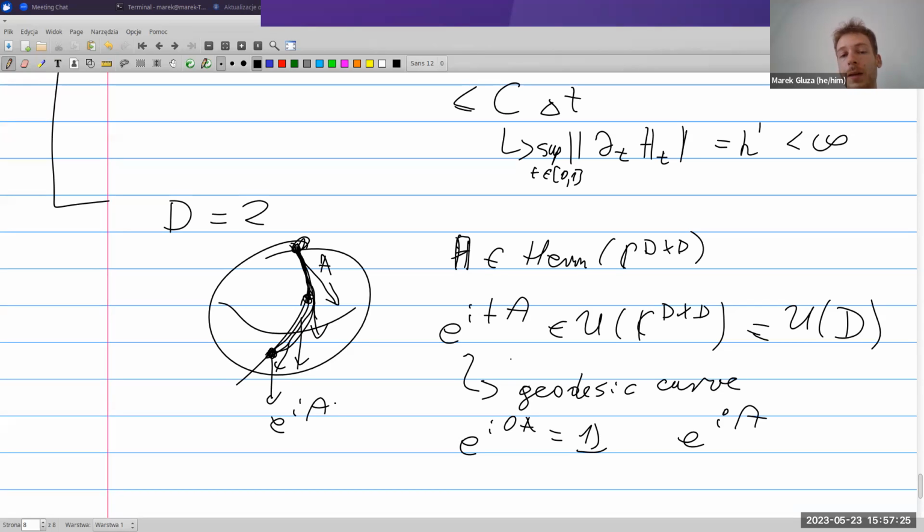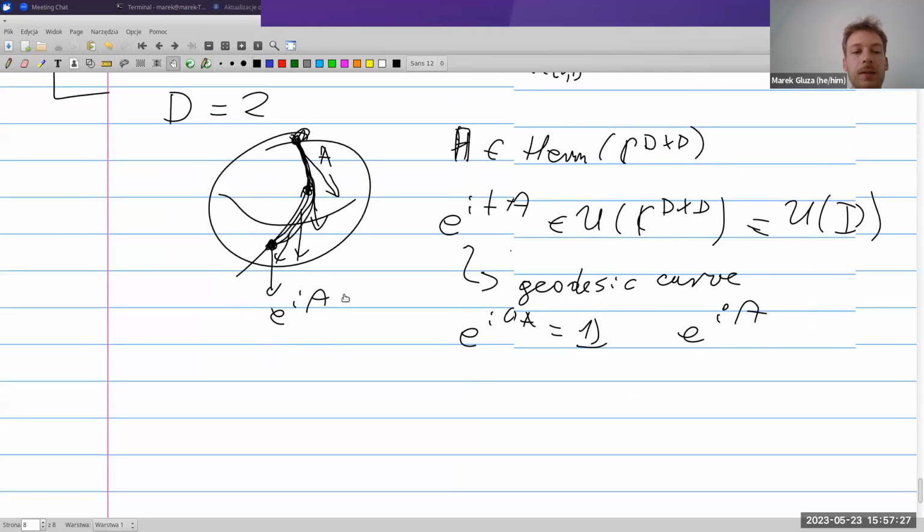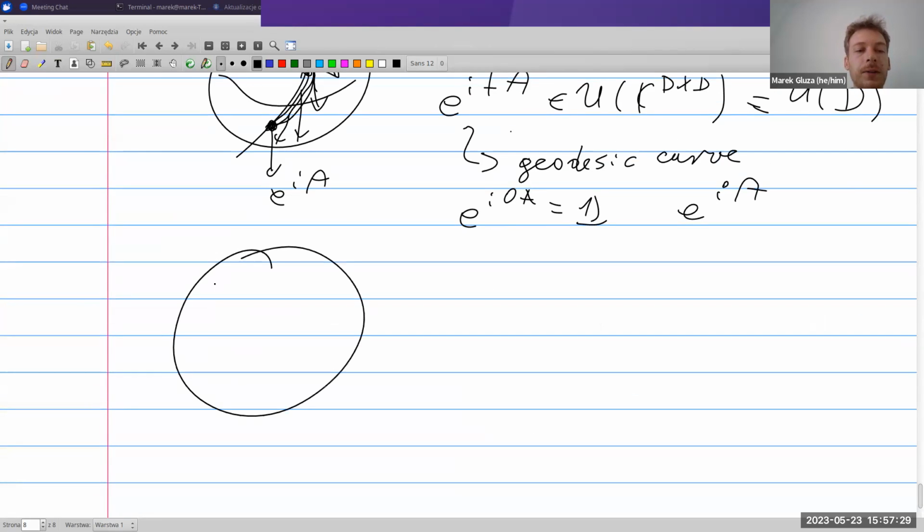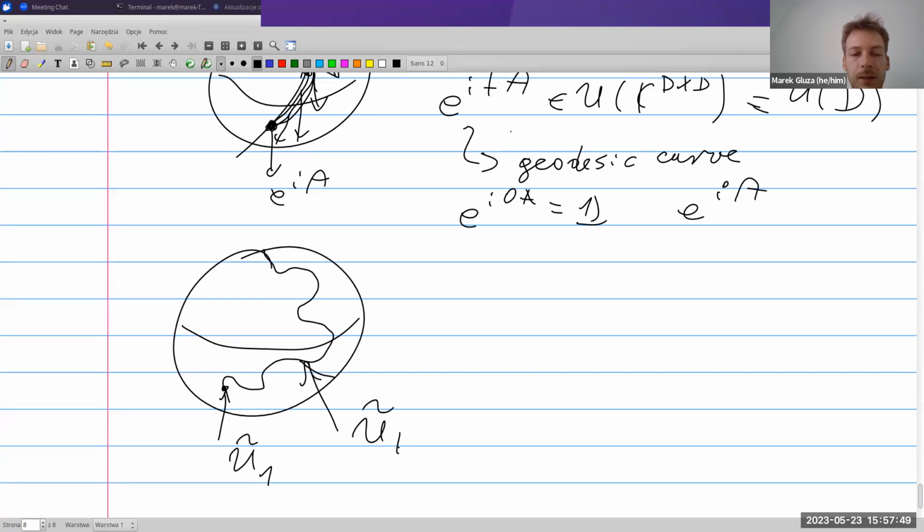Okay. So now, if I have a time-dependent Hamiltonian, I have my Bloch sphere again, and now the time-dependent Hamiltonian gives me some evolution, which brings me somewhere here. That gives me this point here, which is our u of 1, for example. At this time, it's our u tilde of t.